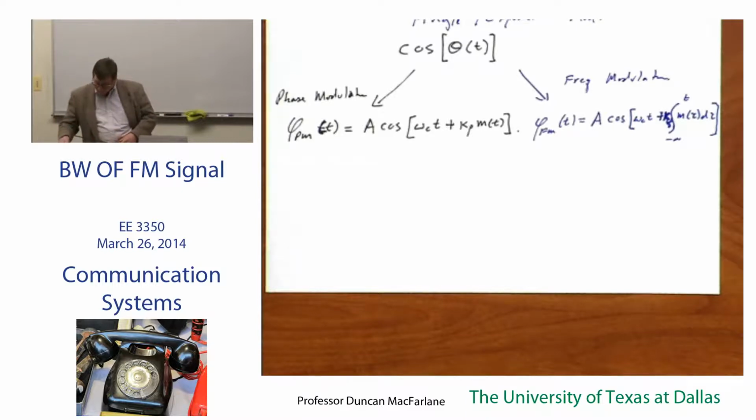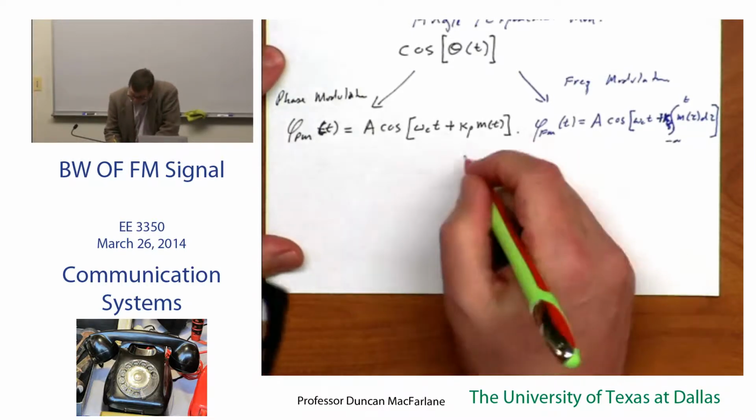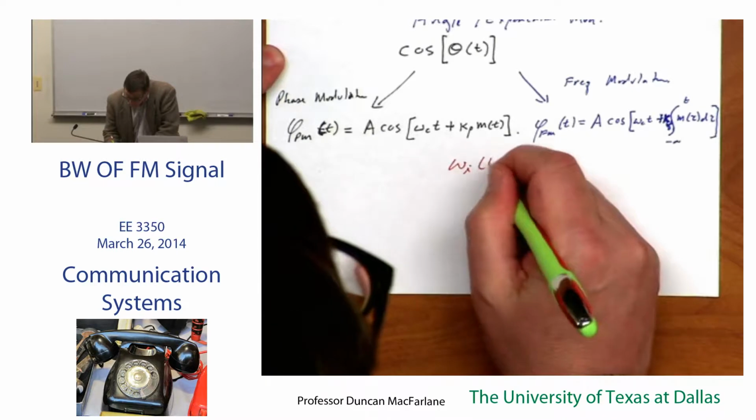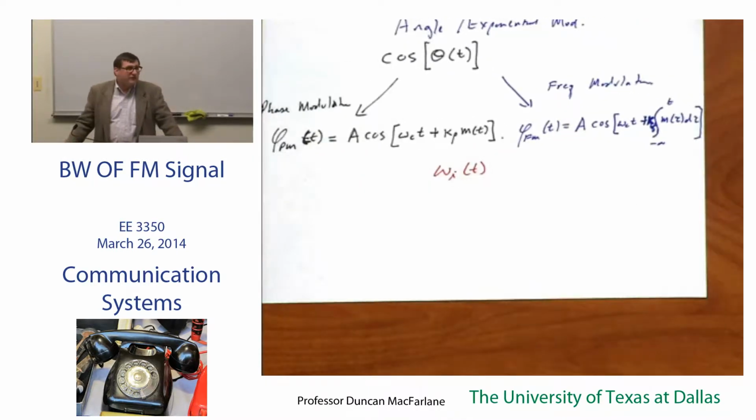Now, there is one thing that's very, very important that we always consider, and that is the instantaneous frequency. In both of these situations, the frequency is changing as a function of time.